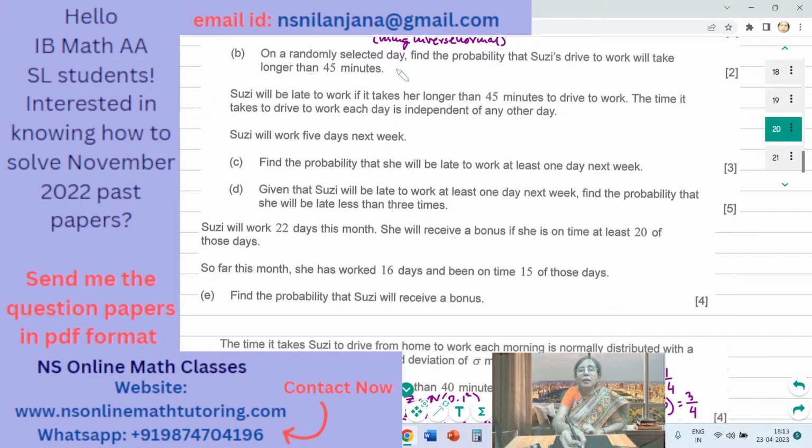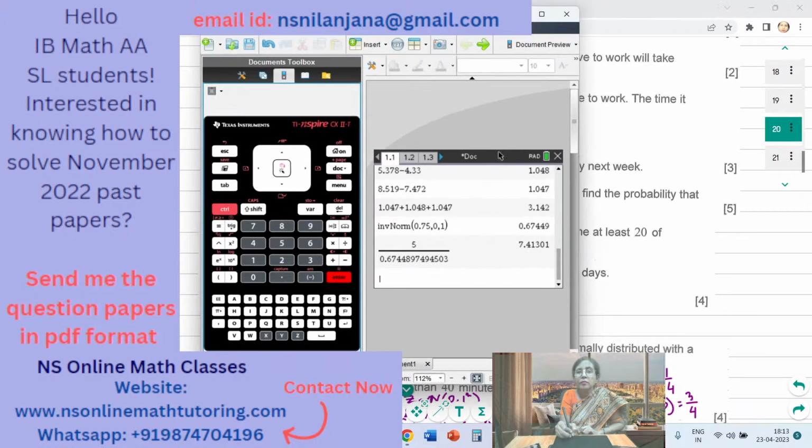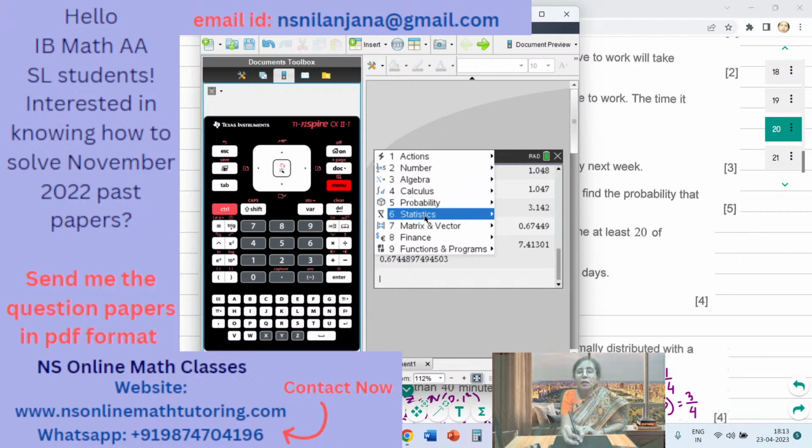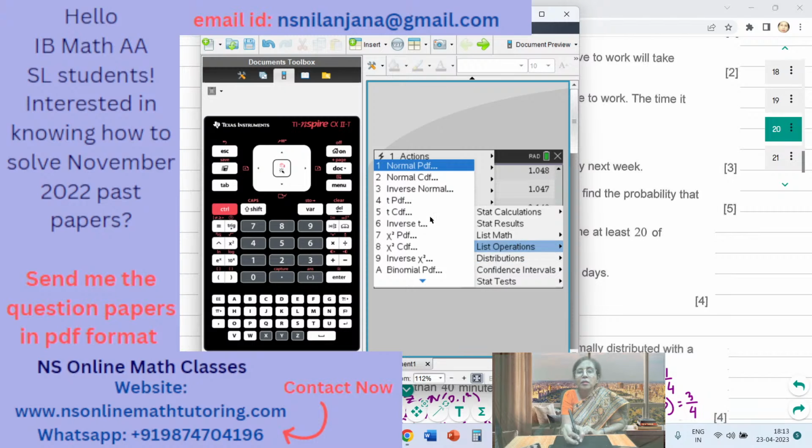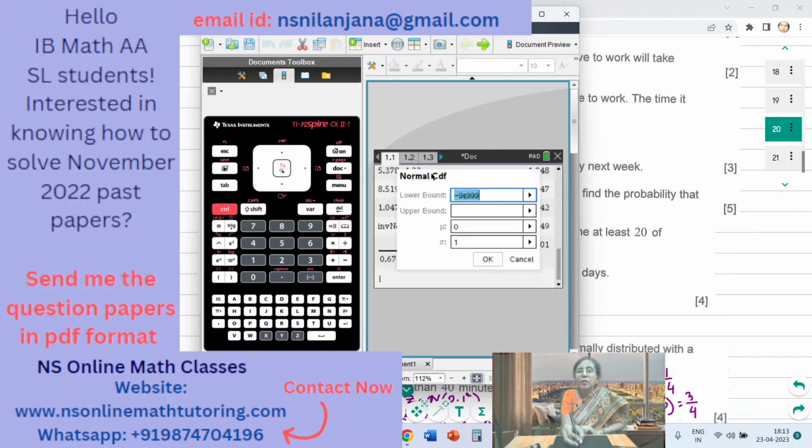The probability that T is greater than 45 minutes is equal to, using statistics, distribution, normal CDF, greater than 45. So the lower bound should be 45 and the upper bound I'm giving a large number.